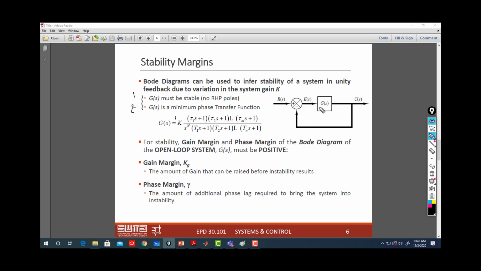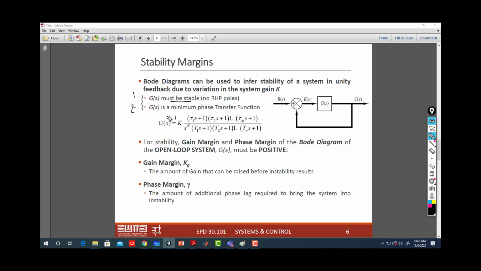I give you a G unstable in a unity feedback system like that, and you go and draw the Bode plot. This doesn't work. You should not. If you want to infer the stability of a system in unity feedback due to variation in the system gain K, then G must be stable. That's one.